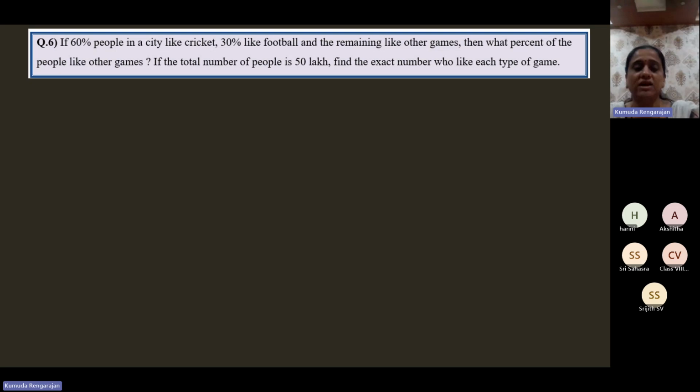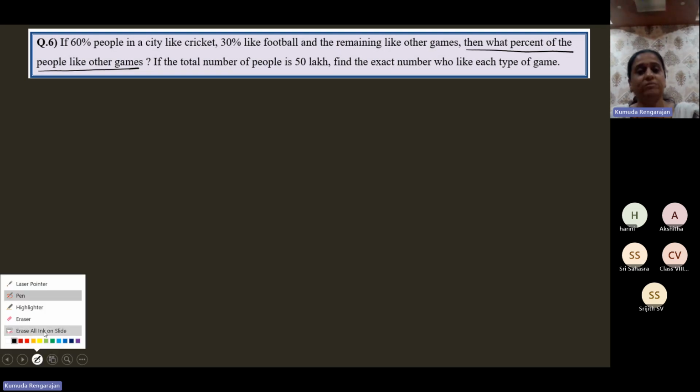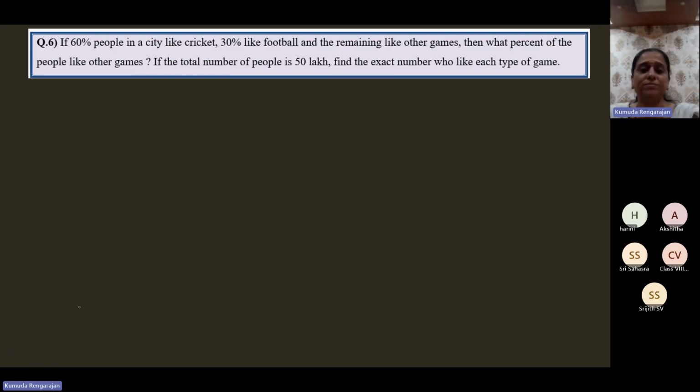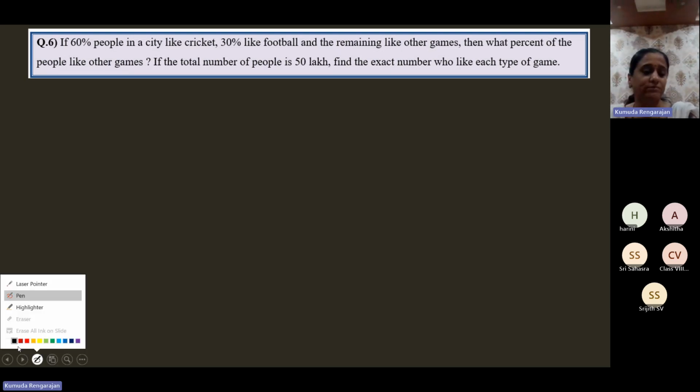Okay. So that's the answer to the first part of the question. Then what percent of the people like other games? 10% of the people like other games. If the total number of people is 50 lakh, find the exact number who like each type of game.